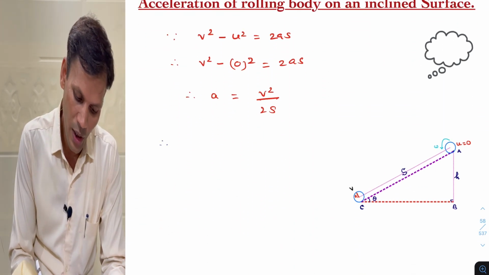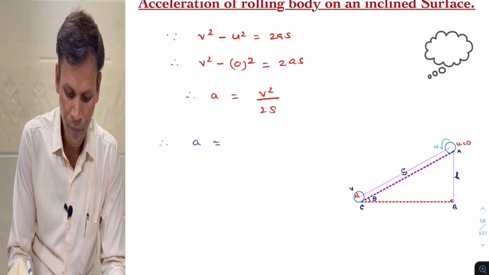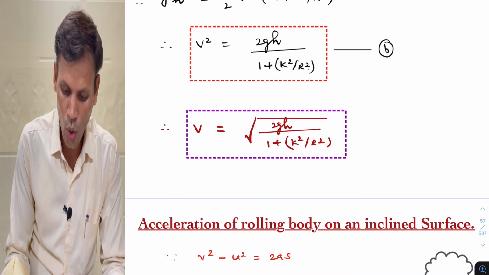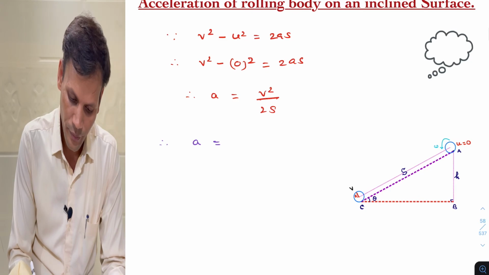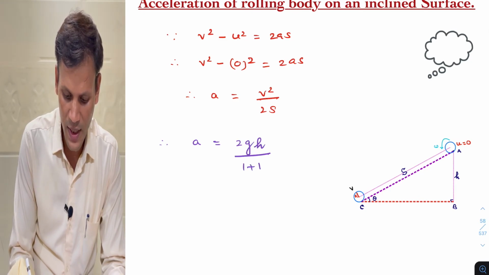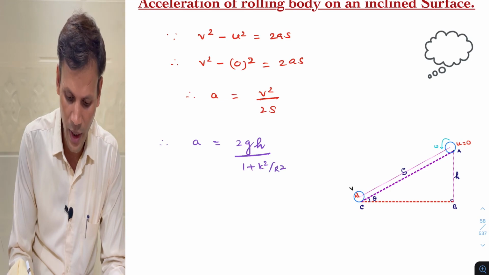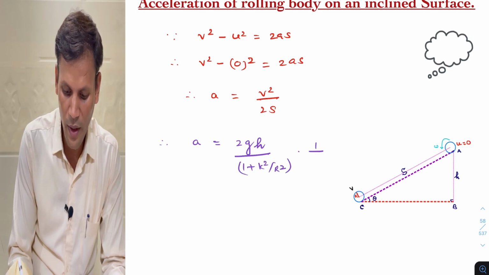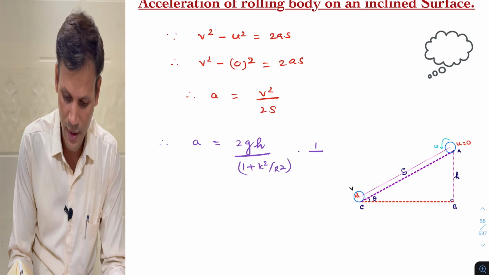Therefore, acceleration will be 2gh upon 1 plus k square by r square, into 1 by 2s.